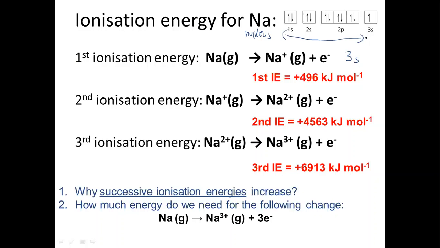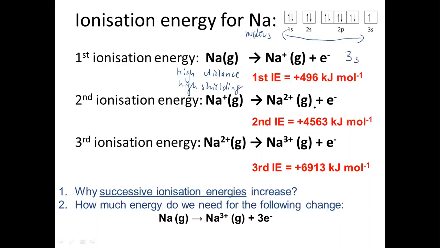So the distance is the highest, and it's got the most shielding because it's got 1s, 2s, and 2p in between. So here we've got higher distance and high shielding. So high distance and high shielding makes the ionization energy small.